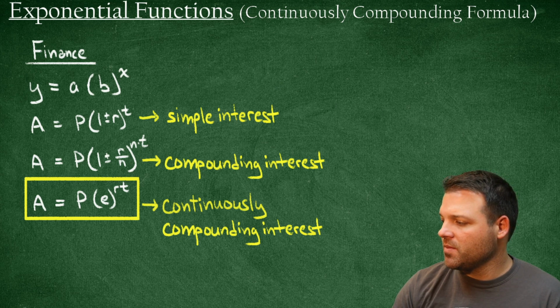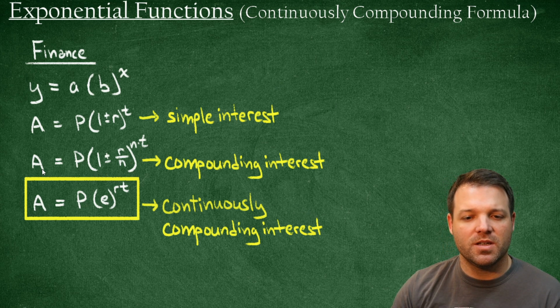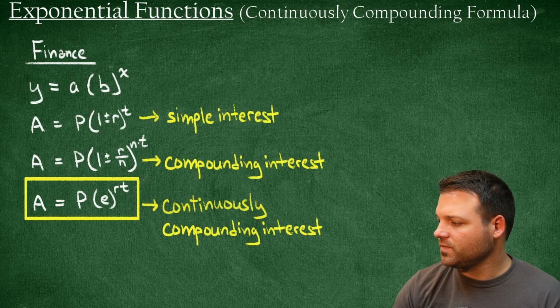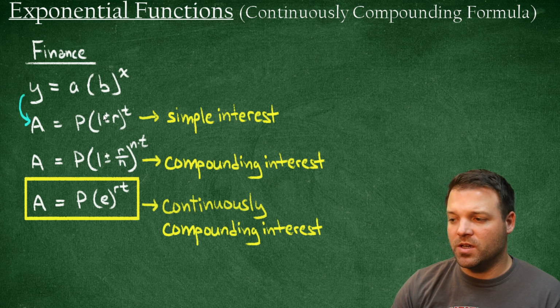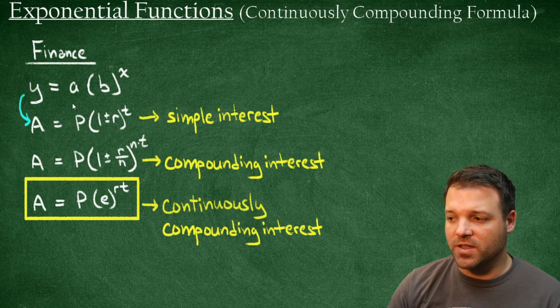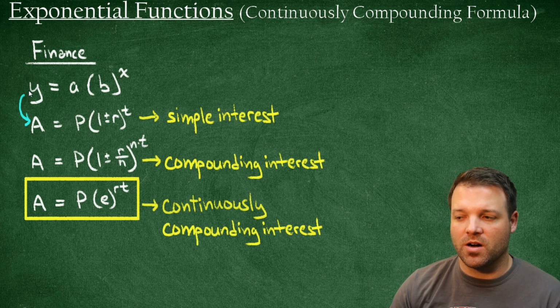All right, so we're going to kind of build up, because really using this formula is extremely easy, but understanding what each piece means is a little bit more challenging. And the last thing I want to note here is that all of these formulas are derived, and they are the same as our exponential here.